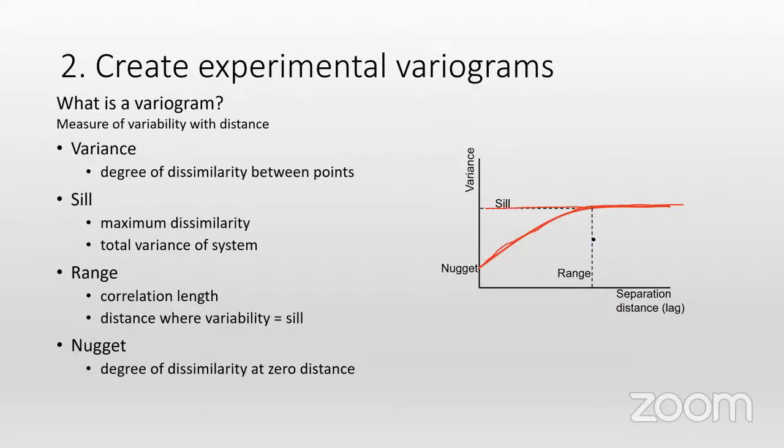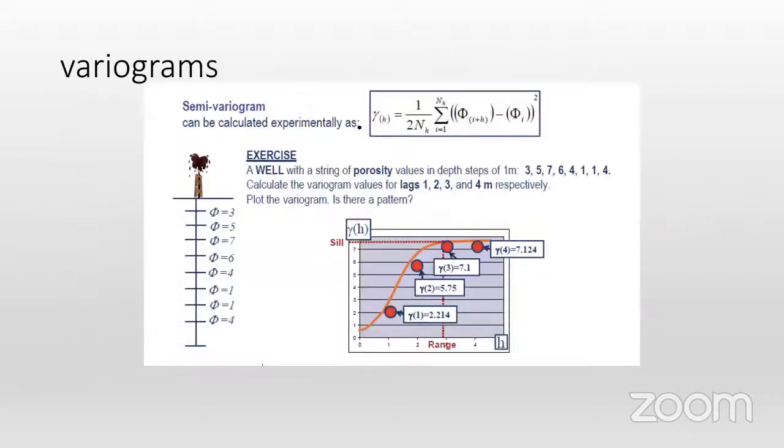It means that in this range the sediments are similar, but toward this area they are not. Based on those graphs, we find the ranges, vertical range, minor range, major range, and we use them to distribute the properties.